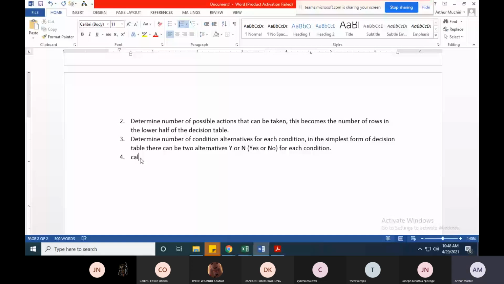Calculate the maximum number of columns in the decision table by multiplying the number of alternatives for each condition. So there it is. Then we still have to continue.